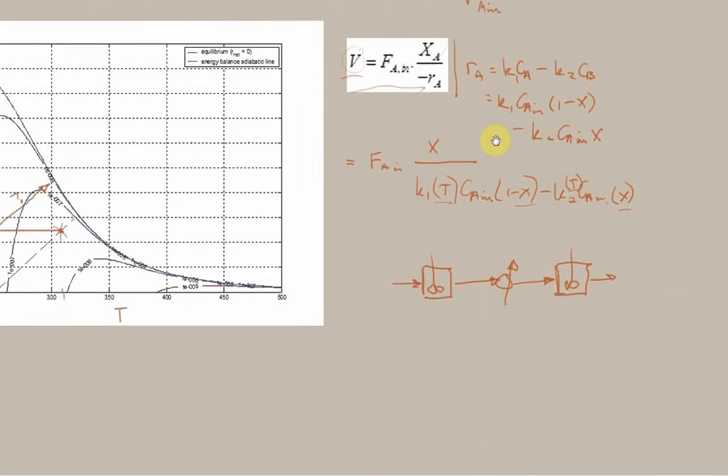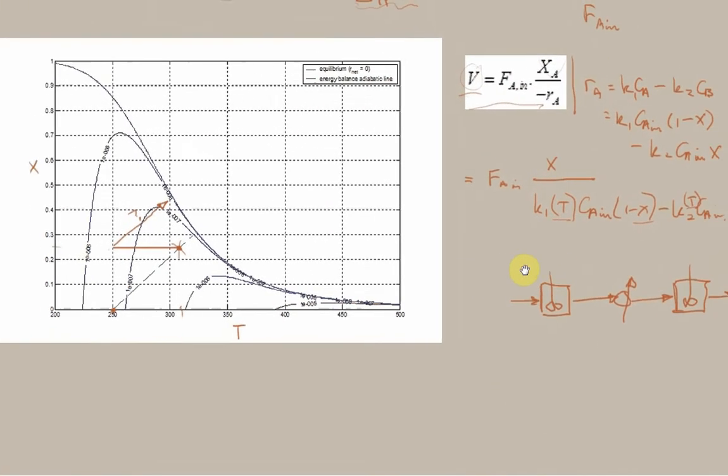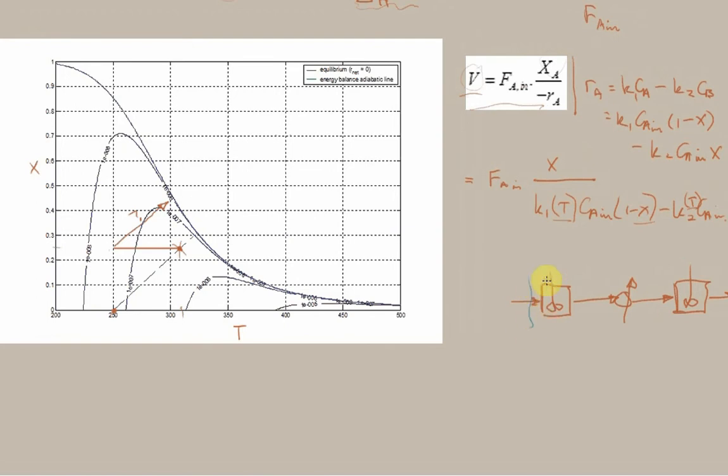So if we drew our energy, our control volume, let's say we drew our control volume like this. So we drew this control volume, and the energy balance for that control volume then applies, of course. So that's the line that we currently have here.